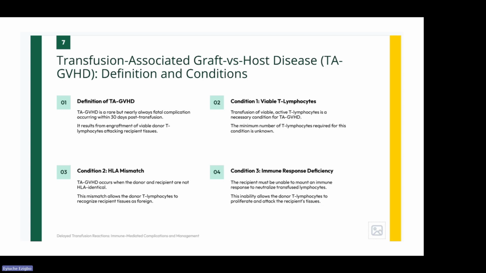These are the white cell antigens, and we don't cross-match for them in blood transfusion, but they can still cause immunological responses. This mismatch allows the donor T lymphocytes to recognize recipient tissue as foreign.